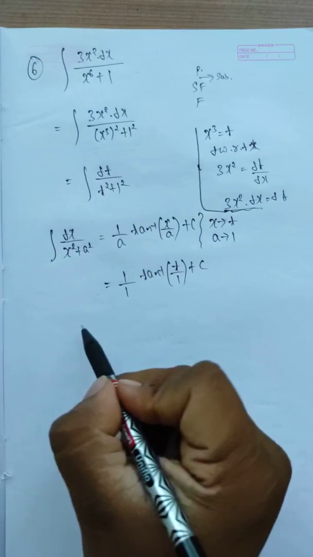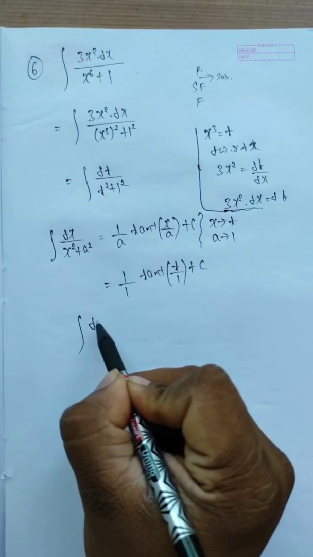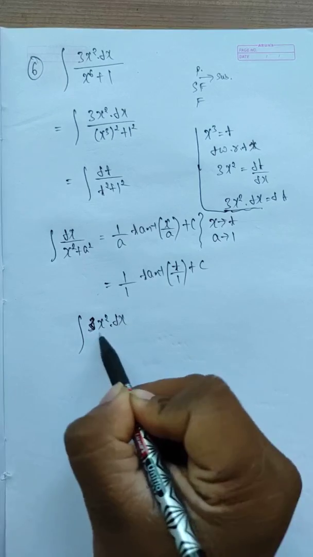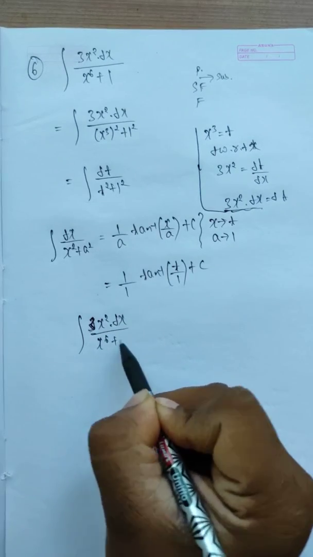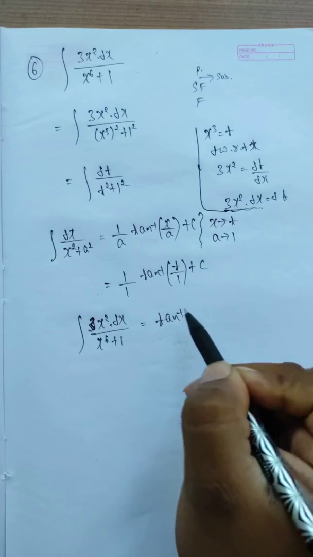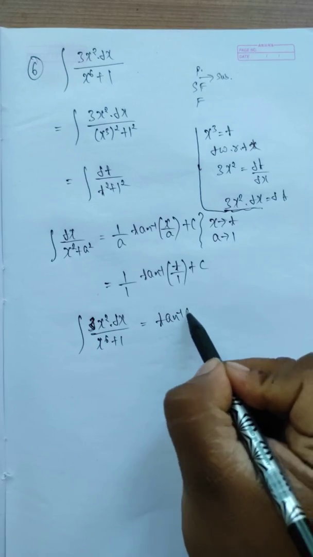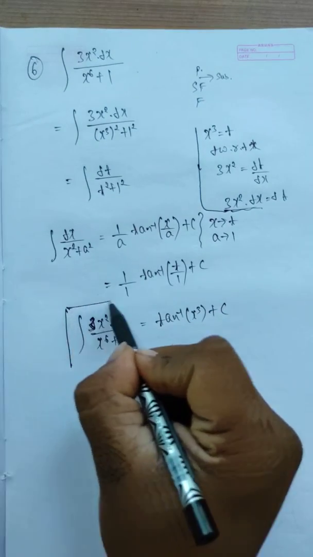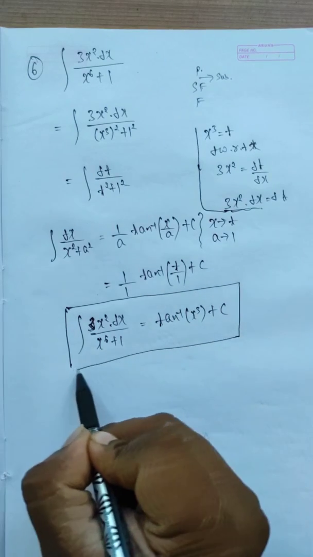So integration of 3x square into dx by x to the power of 6 plus 1 is equal to 1 by 1, means 1, tan inverse, what is t? t is x cube, so tan inverse x cube plus c. So this is the answer. Okay? Is it clear?